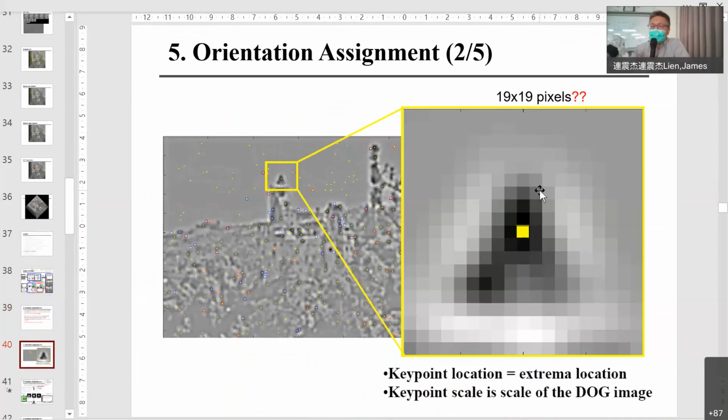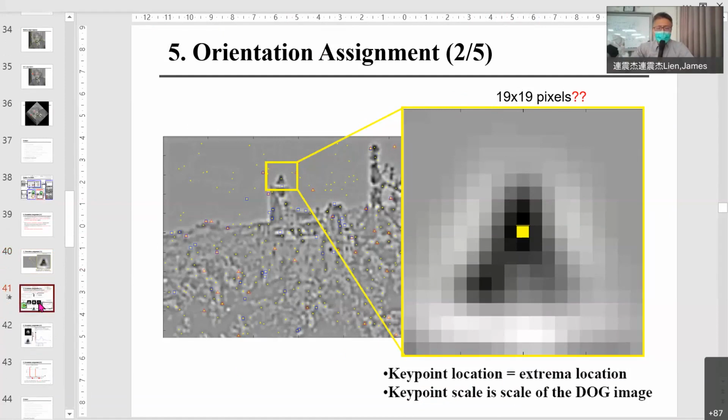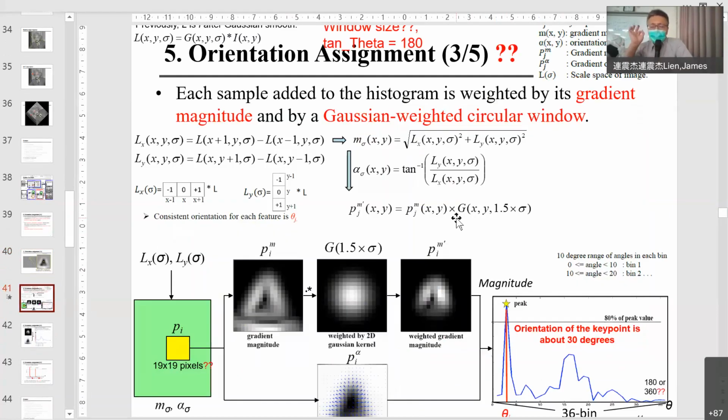In the paper, actually they tried 15 by 15, 17 by 17, up to 25 by 25, and they found 19 by 19 as the best result. This paper tells you many image processing techniques.